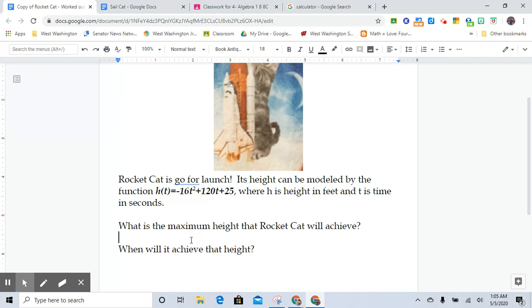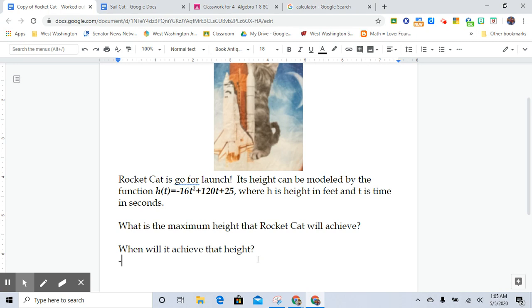And so we are going to find the x and y, or the h and t, or I guess I should say the t and h values for the vertex here. And so the x value, or in this case the time value, is going to be our negative b over 2a.